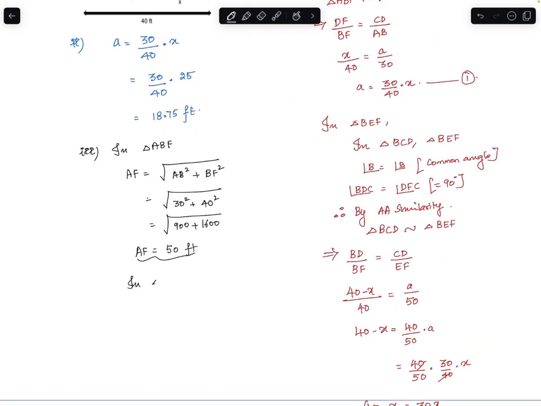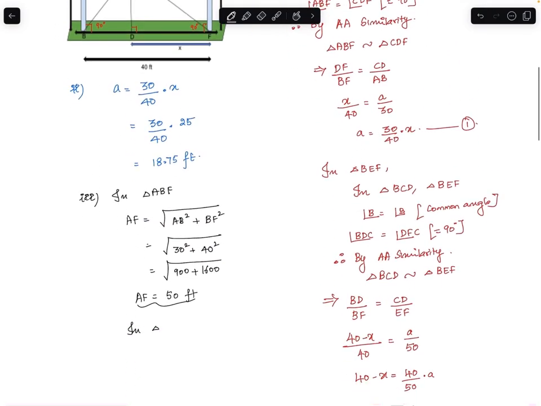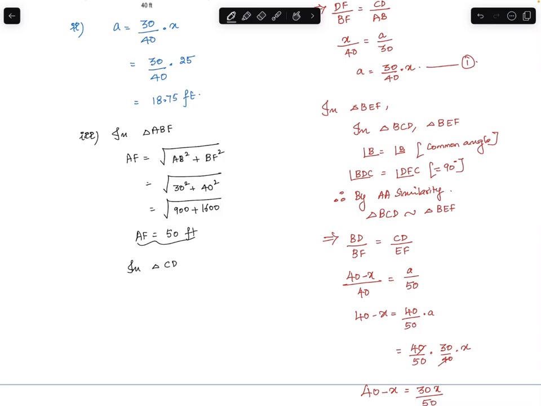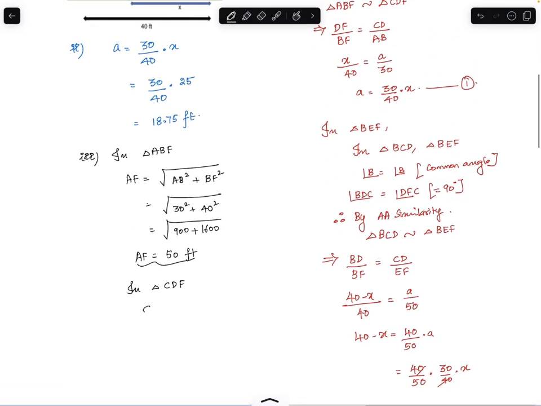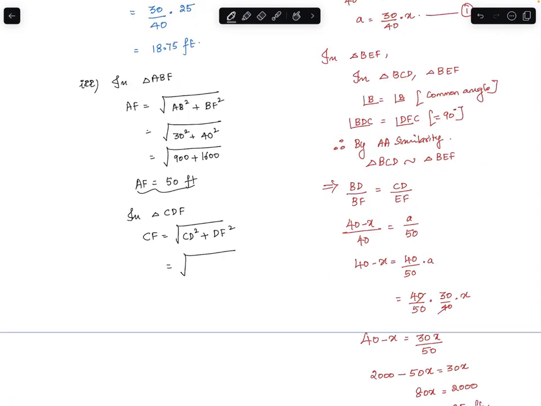In triangle CDF, CF is equal to square root of CD square plus DF square, which is root of A square plus X square. A is 18.75, so 18.75 square plus X is 25, so 25 square.